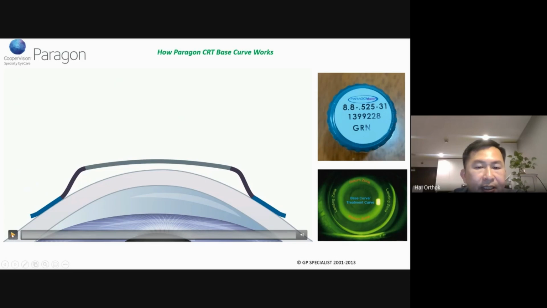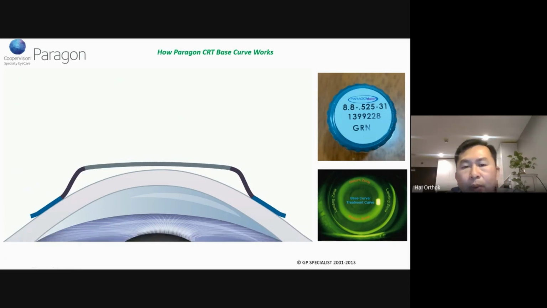So we can see this: you see the base curve more flatter when we increase 0.1 diopter for each step. And every 0.1 diopter, you see the lens will become more flatter on the central cornea. And every 0.1 millimeter is equivalent to half diopter increasing.